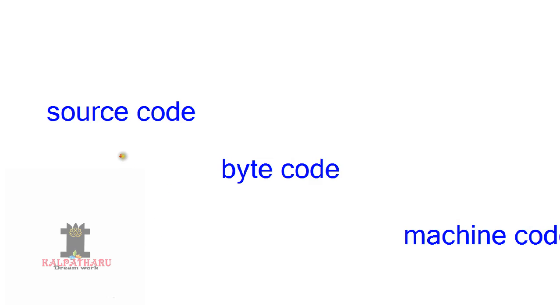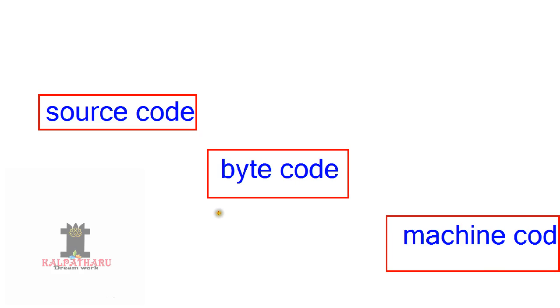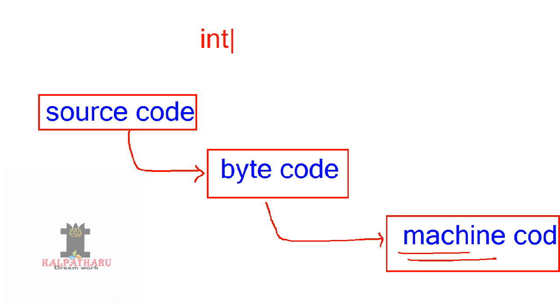First there is the source code; the compiler will translate this source code into bytecode, and then the interpreter will convert this bytecode into machine code. This machine code is executable by the system. That's why we call Java an interpreted language.